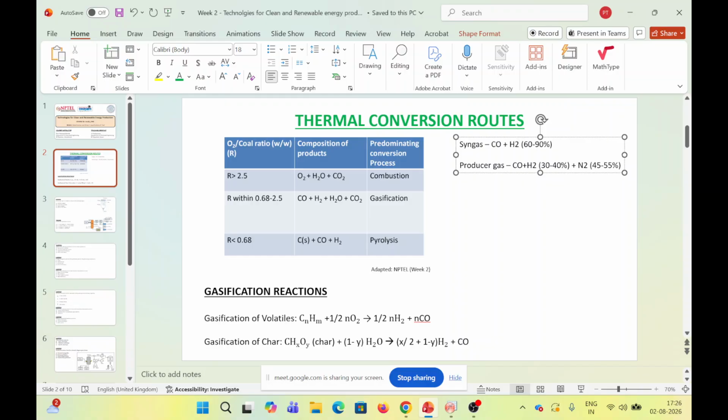If you use air, it is CO plus H2 plus nitrogen, and the nitrogen quantity is going to be 45 to 55 percentage. Since nitrogen gas is inert in nature, as somebody rightly said, it is not going to contribute to the heating value. So the final heating value of the produced gas is going to be low in comparison to that of the syngas.